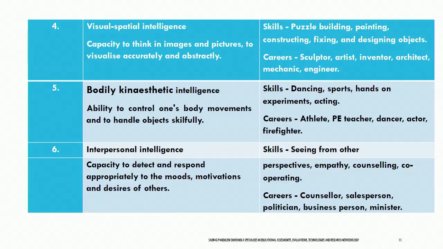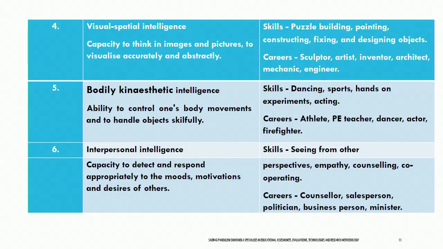Number 5, bodily kinesthetic intelligence. That is the ability to control one's body movement and to handle objects skillfully. 6, interpersonal intelligence. That is the capacity of the learner to detect and respond appropriately to the moods, the motivations, and desires of others.